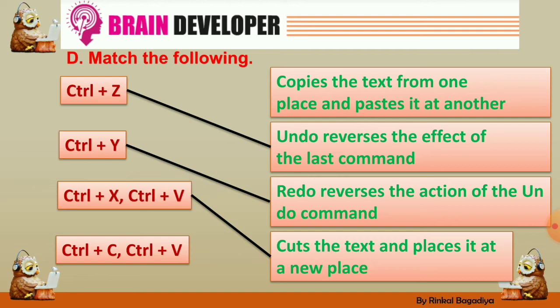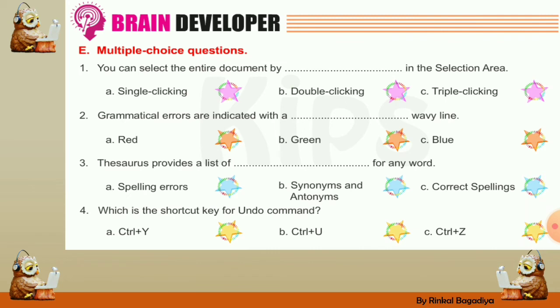So the right answer is option number 1, copies the text from one place and pastes it at another place. So these are the right answers of matching. You have to do it in your textbook. Next question is question E, multiple choice questions.